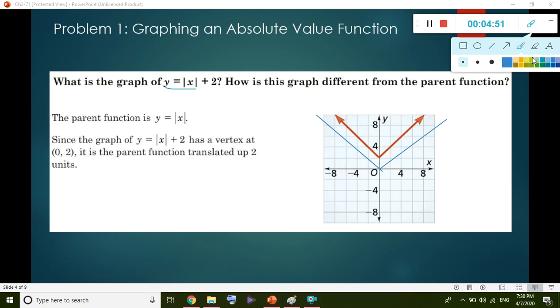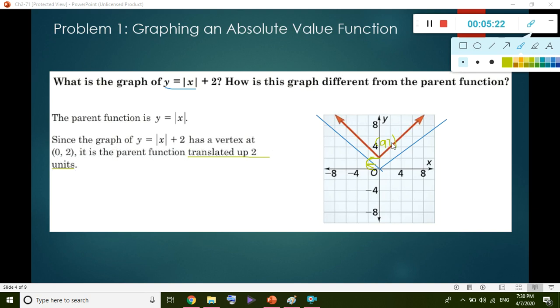Here we added 2, so we're going to move it 2 units upward: 1 and 2. The vertex is at 0, 2. Since the graph has a vertex at 0, 2, it is the parent function translated up 2 units.